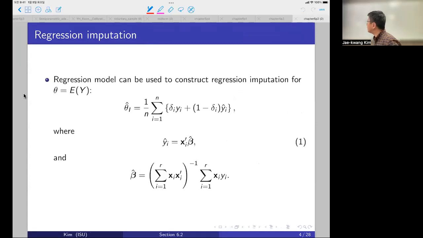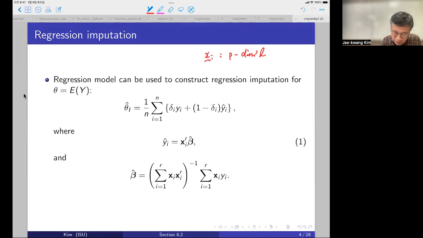So perhaps the starting point of discussion should be regression imputation. Beta hat is created from the respondents, i equal to 1 to r. This is fairly straightforward, but X is a p-dimensional vector.